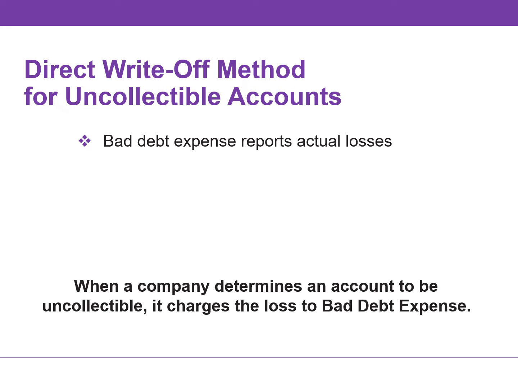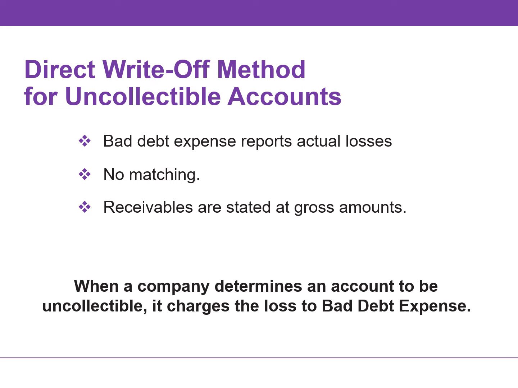Bad debt expense will show only actual losses from uncollectibles. Under this method, companies often record bad debt expense in a period different from when they recorded the revenue, so no attempt is made to match bad debt expense to the credit sale. The company reports accounts receivable at its gross amount.